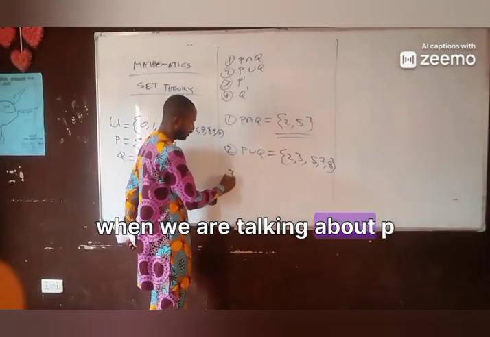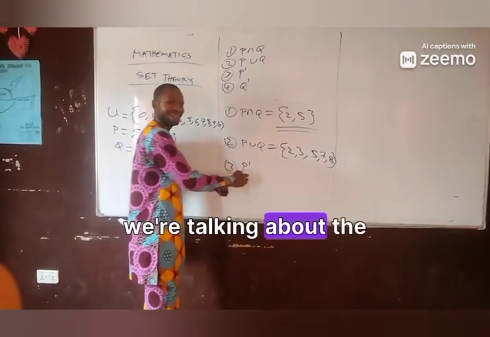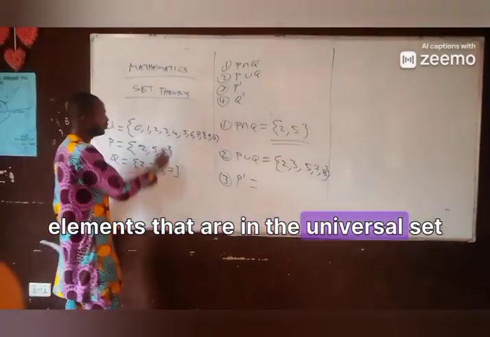And when we are talking about P prime, we are talking about the elements that are in the universal set.